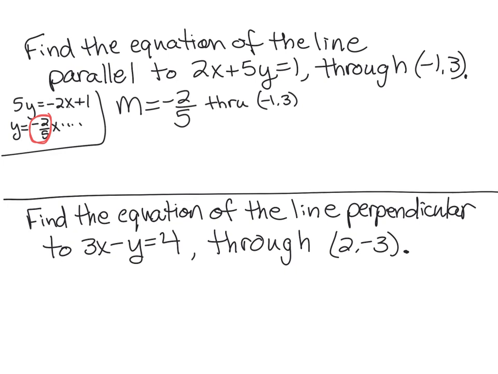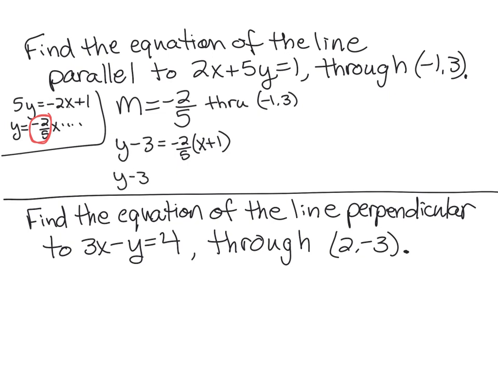Now, I showed you two different ways to do these. You can use the point-slope form, or you can use the slope-intercept form to get your intercept. I'm going to do the point-slope form so that my colleagues won't get upset with me. Good? All right, so y minus the y value of the point equals the slope times x minus the x value, which is -1.